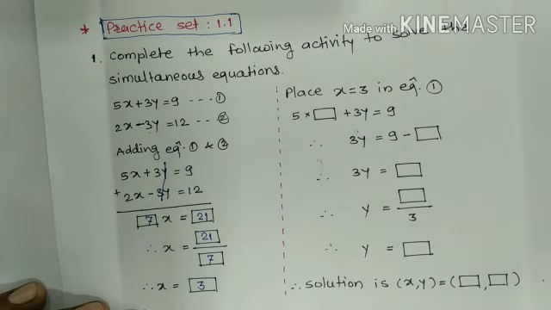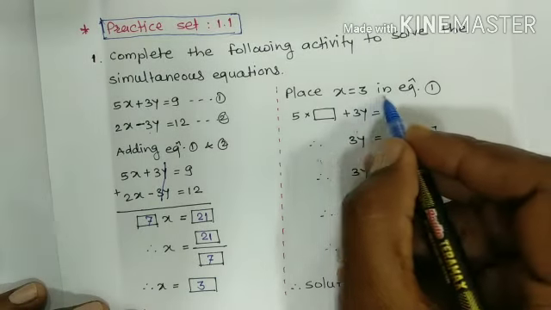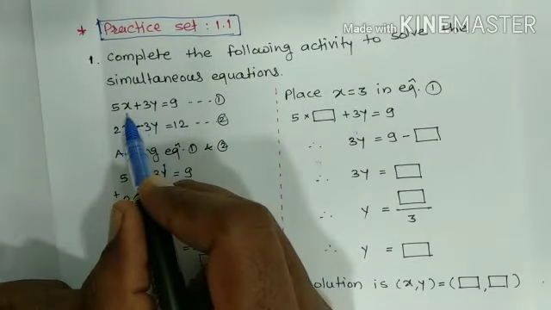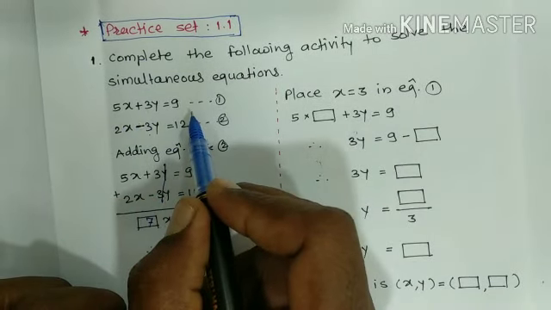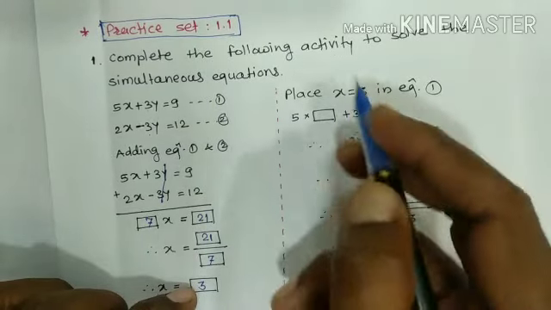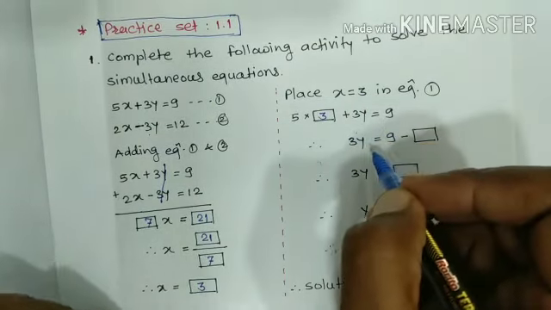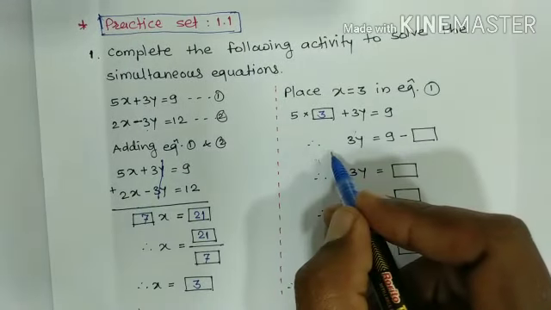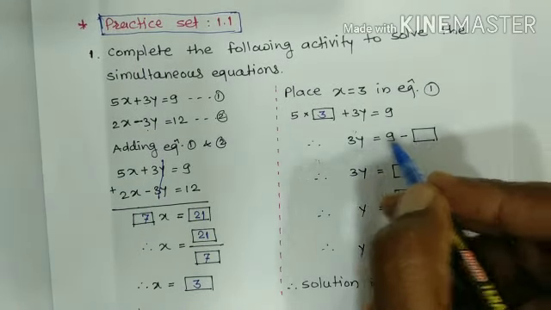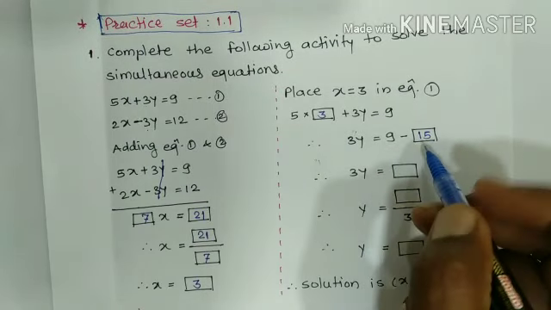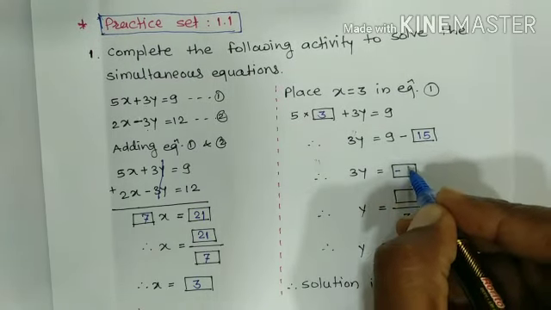Now by putting x equals 3 in equation first, here the equation first is 5x plus 3y equals 9. Here we put x equals 3, that's why 5 into 3 plus 3y equals 9, and therefore 3y equals 9 minus 5 threes are 15. 9 minus 15, we get minus 6.